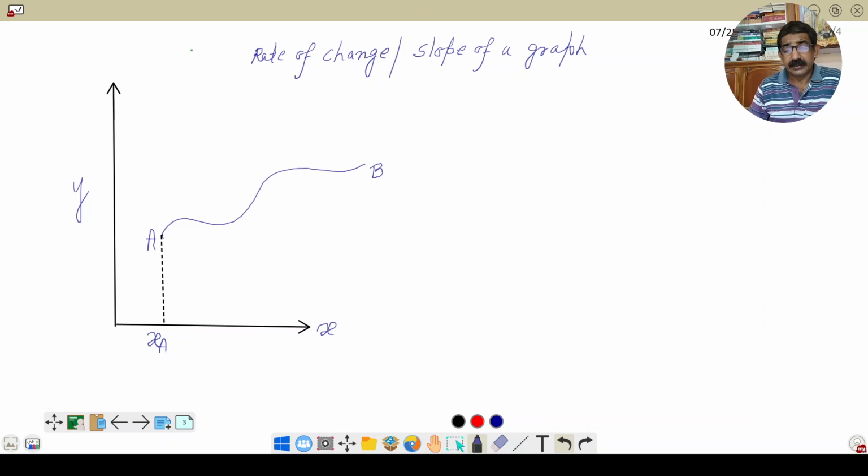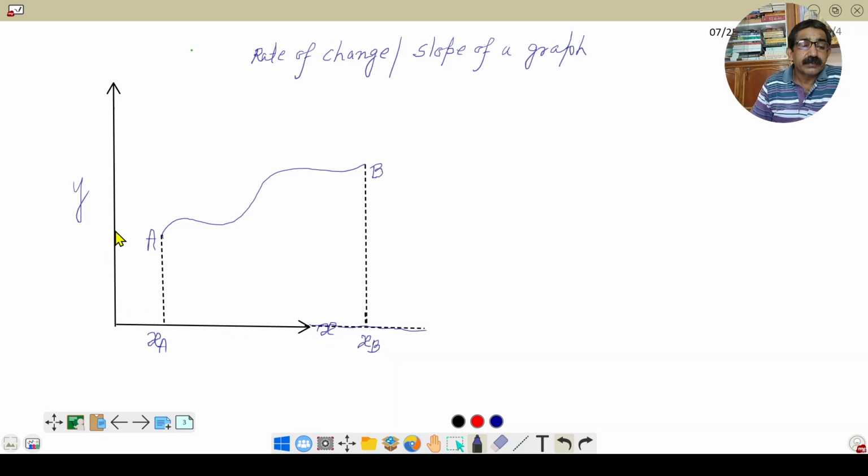Similarly, the value of x at B, if we elongate this line, we will get xb. Actually, this line is a continuous line.